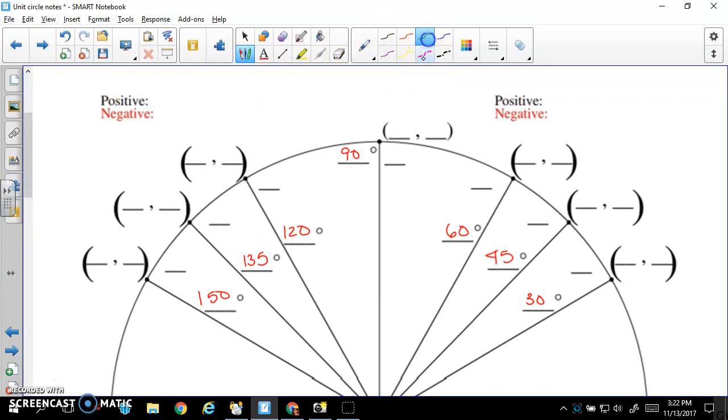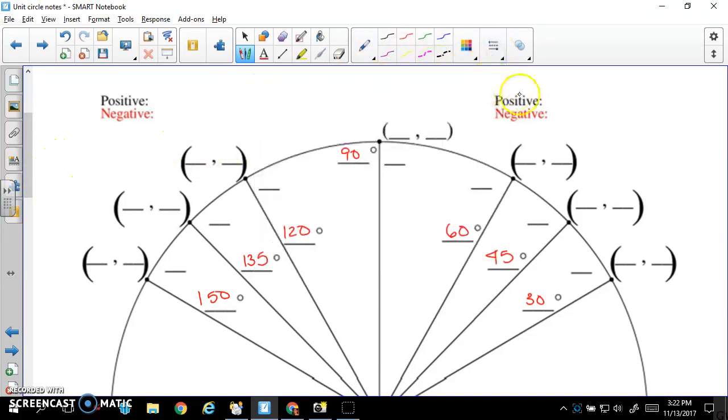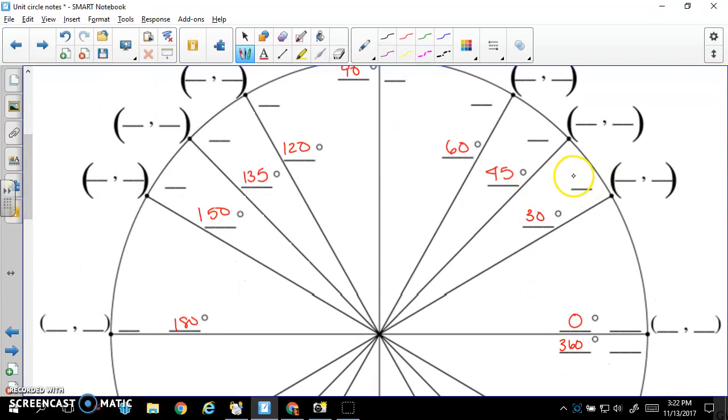What I can do next is translate each of those degree measures into radians. There are several ways to do this. One of my favorite ways is to look at this and realize that if I count by pies, let's take a look right here.